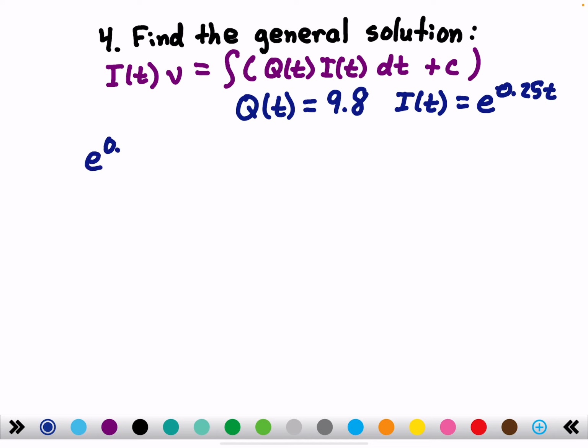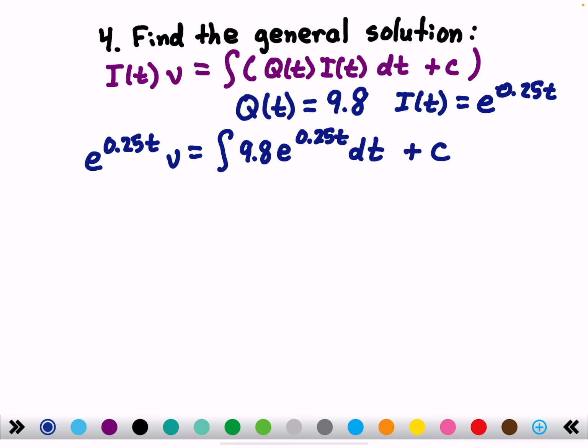So e to the power of 0.25 t times v equals the integral. Now what I would recommend, since q sub t is a constant, just write this as the integral of 9.8 times e to the power of 0.25 t dt, and then just add on your constant plus c. So e to the 0.25 t times v.